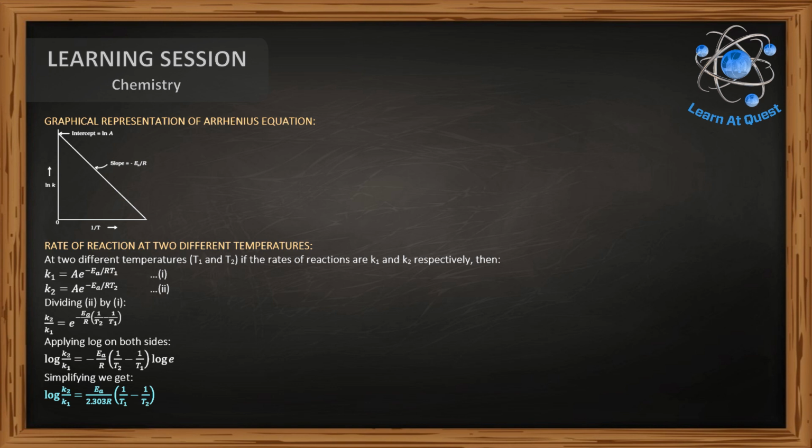The y-intercept is ln A, that is the point where the straight line crosses the y-axis is ln A, that is natural log of the Arrhenius factor.